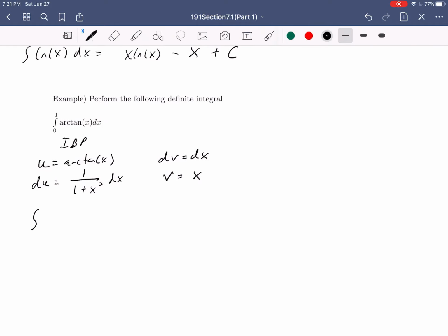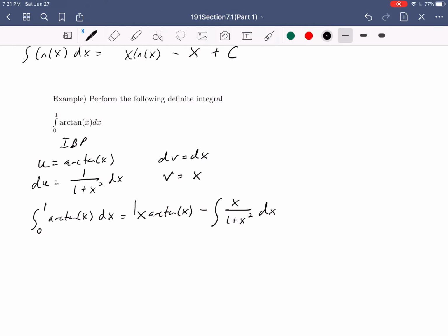So we will then get that the integral from 0 to 1 arctangent x dx is equal to, well, u times v, so x arctangent x minus the integral of this v du, so minus x over 1 plus x squared dx.